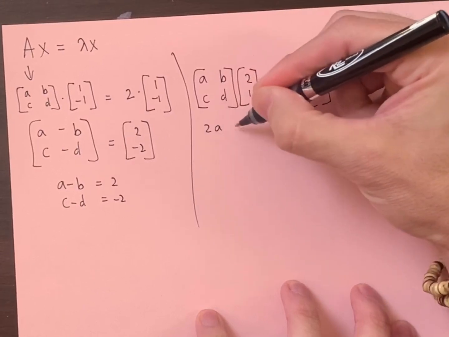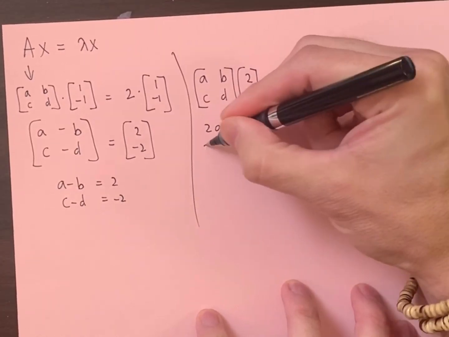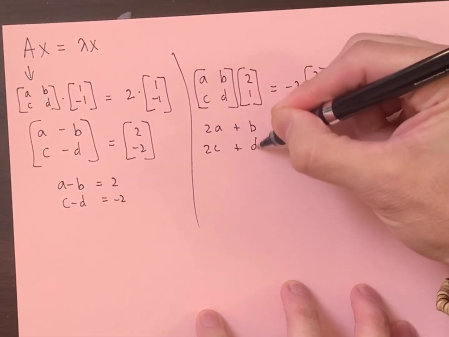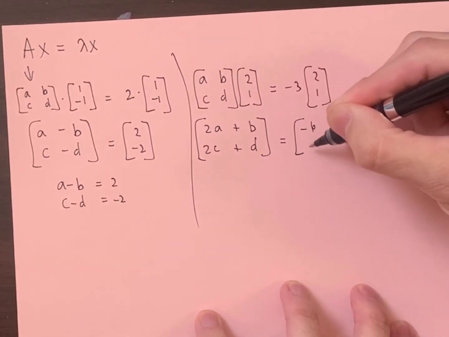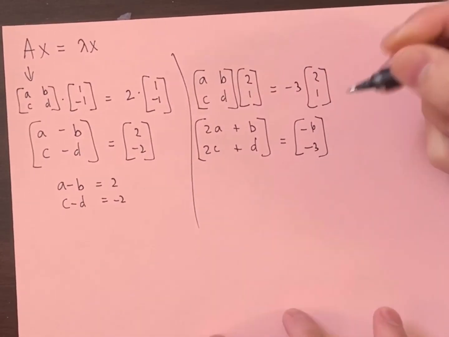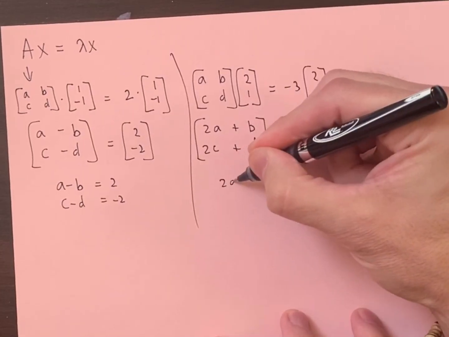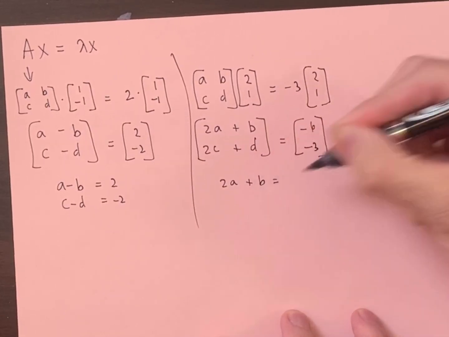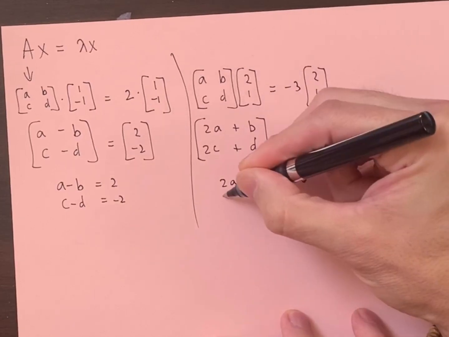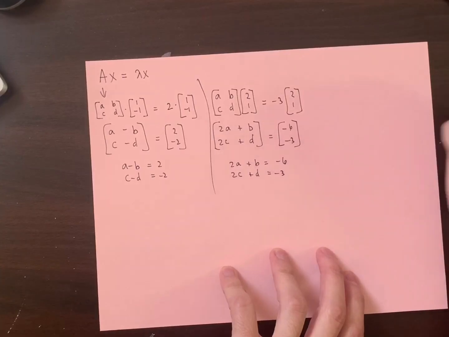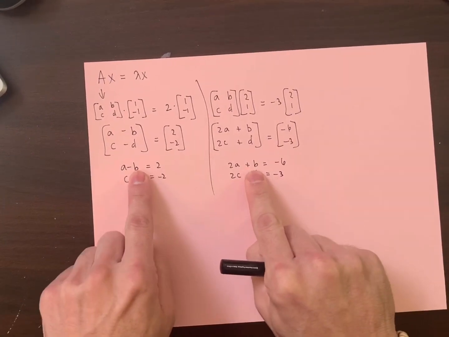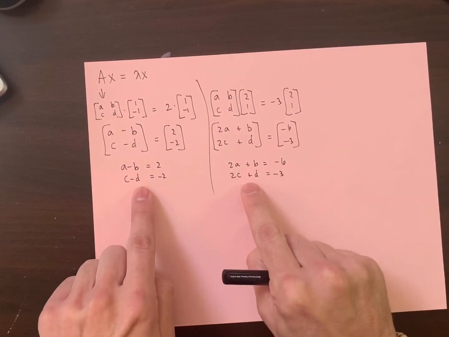So that'd be 2A plus B, 2C plus D equals -6, -3. And from this, we take away that 2A plus B equals -6 and 2C plus D equals -3.